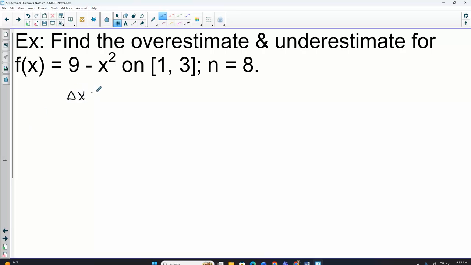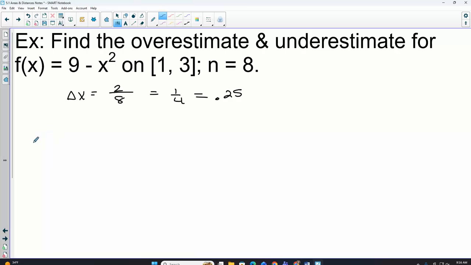How much is x increasing or decreasing each time? And so if we look, it's starting at 1 and ending at 3. So what's the length of that interval? 2. And I want to divide it into how many pieces? So my x is going to be changing by 1/4, or if you prefer decimals, 0.25 each time.